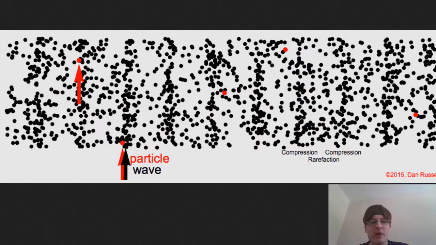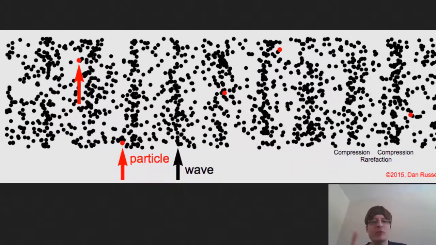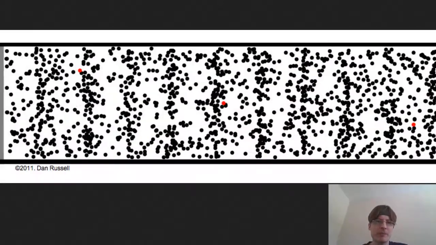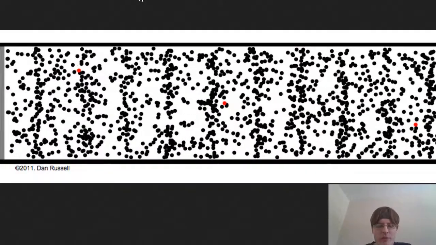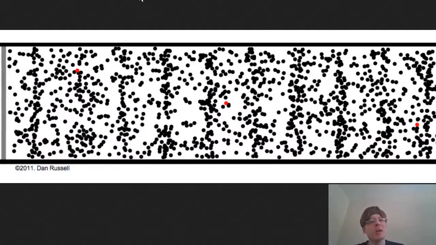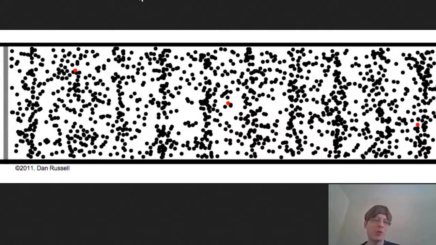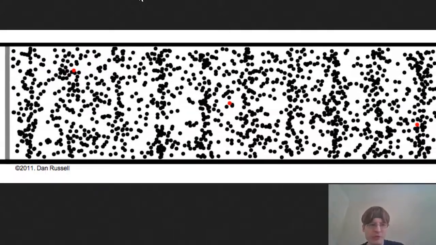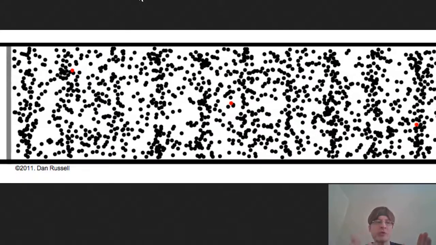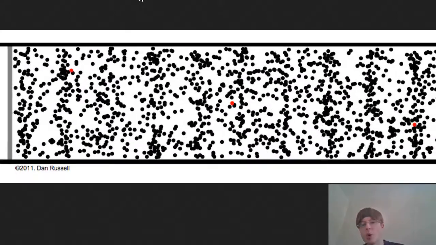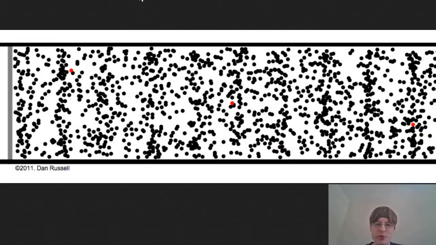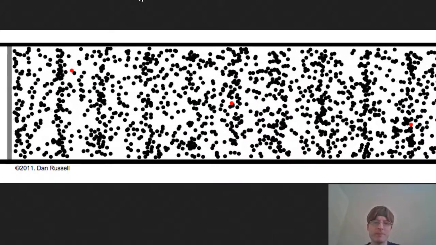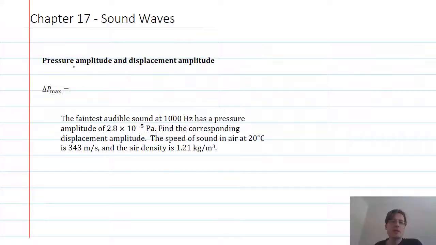On the other hand, there's also the maximum displacement of the air molecules. So an important question to be able to answer is, if the speaker vibrates back and forth by some distance, and therefore the air molecules have a certain amplitude, what's the pressure amplitude which is created in that sound wave? So how is the sound wave displacement, the actual distance the air moves, related to the pressure that wave produces?